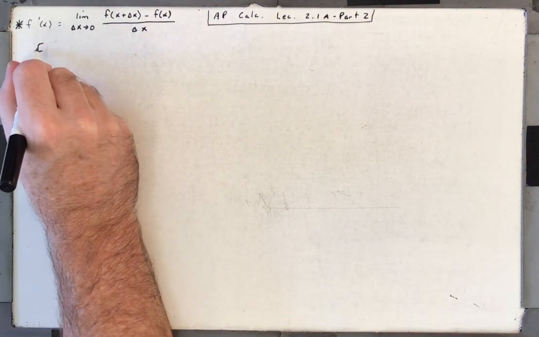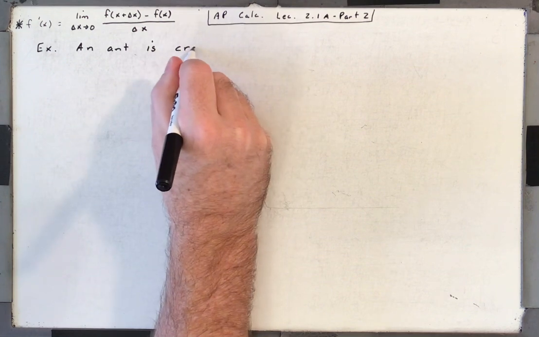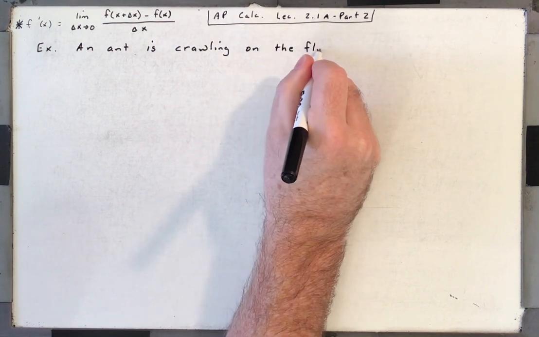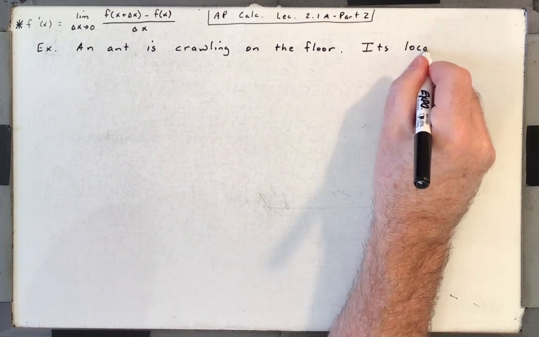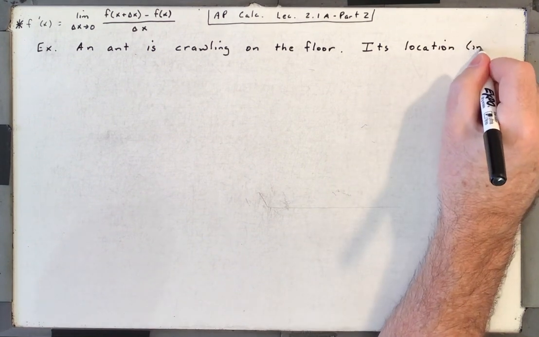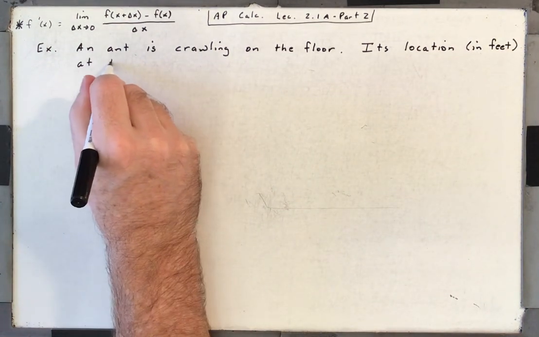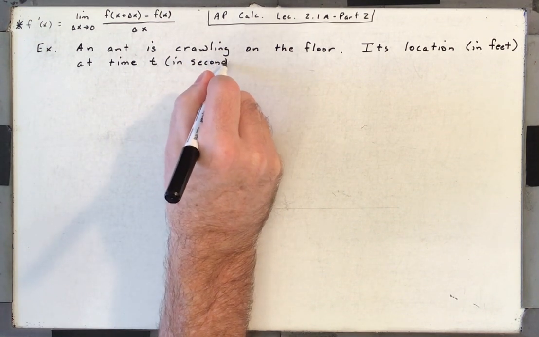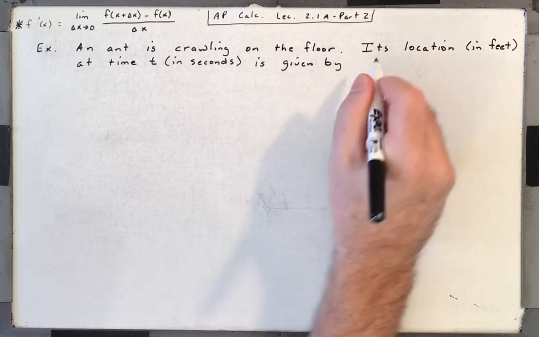Okay, our next example. An ant is crawling on the floor. Its location in feet at time t in seconds is given by P of t.